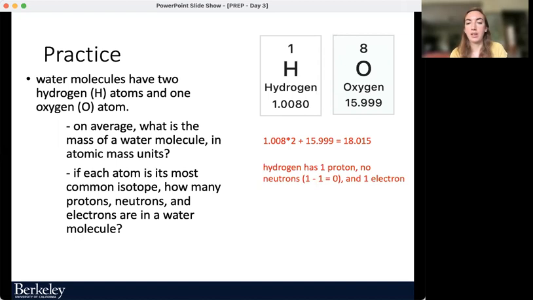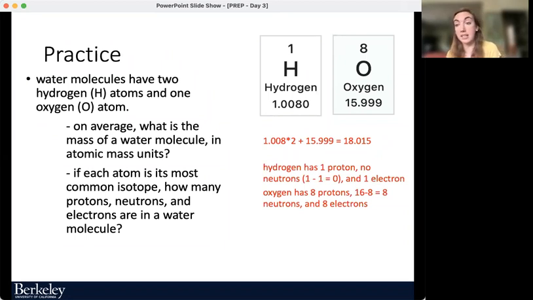Okay. And then because there's 1 proton, there's going to be 1 electron. For oxygen, the atomic number is 8. The most common isotope clearly has a mass of 16 because 15.999 is basically 16.